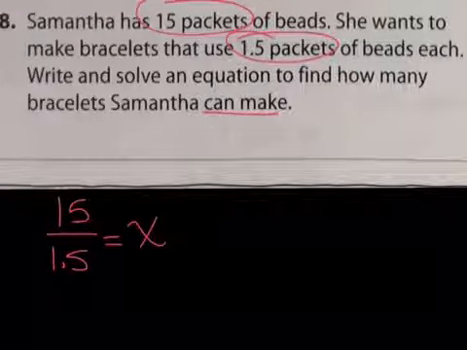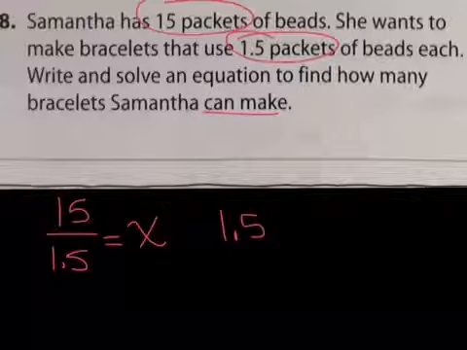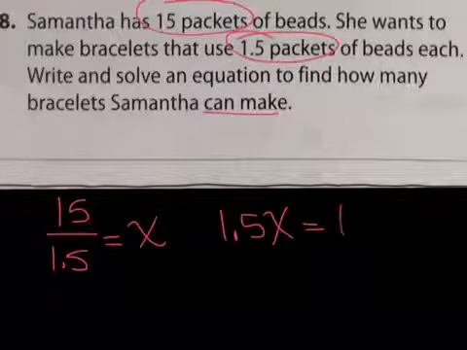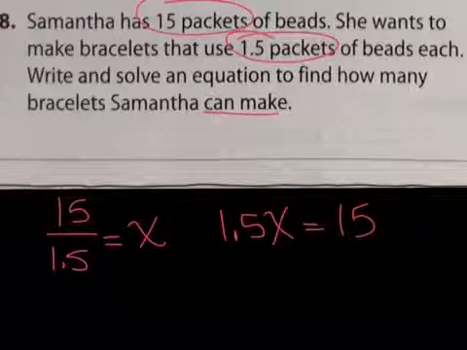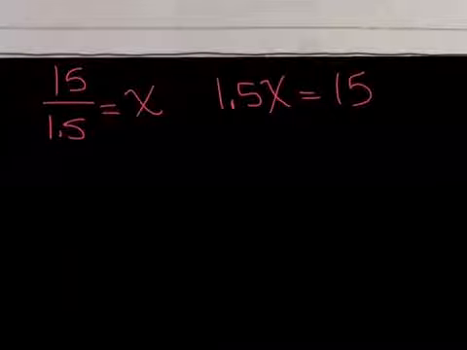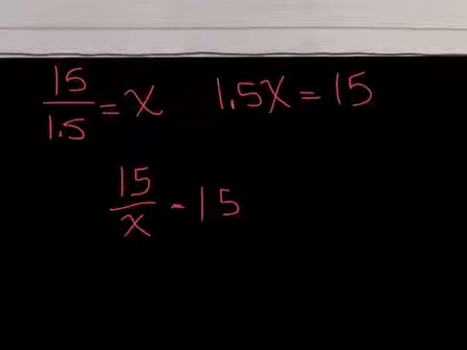I can also say I have x bracelets that use 1.5 packets each, and the number of bracelets times 1.5 will give me 15 packets. That's another way to do it. Or we can also take the number of packets divided by the number of bracelets I want to make, and it's going to give me 1.5 per bracelet.